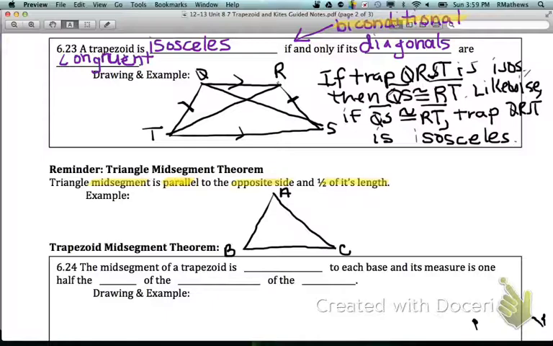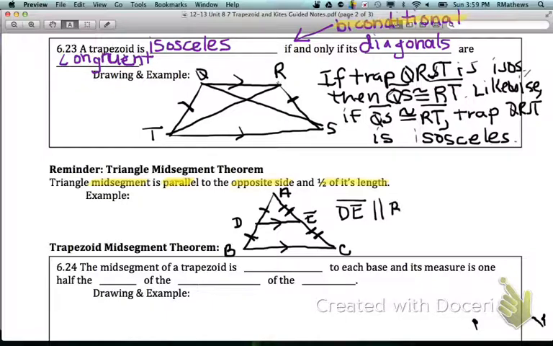Okay, so we have triangle ABC, and we're going to create its mid-segment, which cuts AB in half and AC in half. We'll call that segment DE. That segment has to be parallel to BC and half of the length of BC.